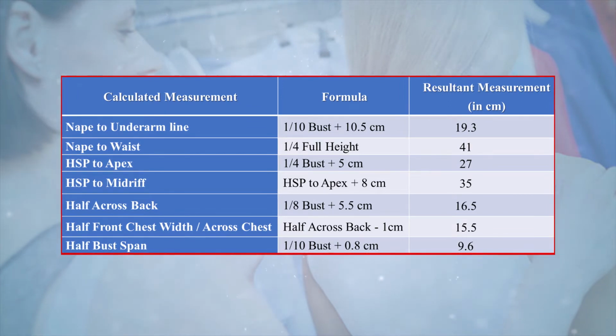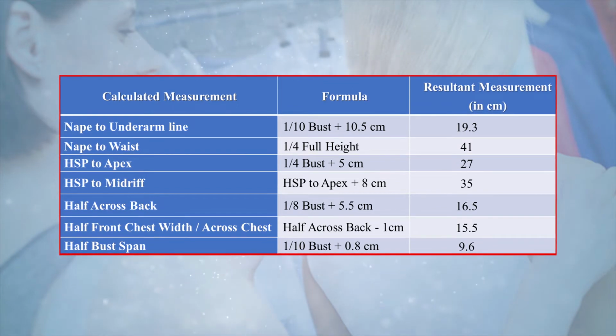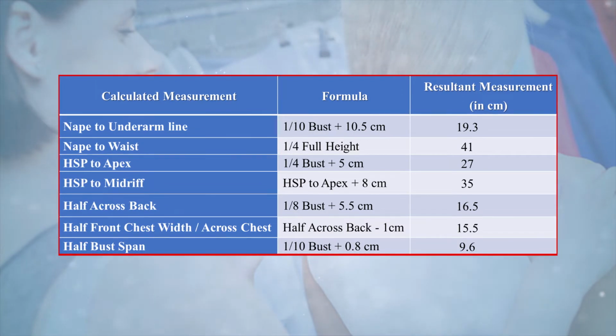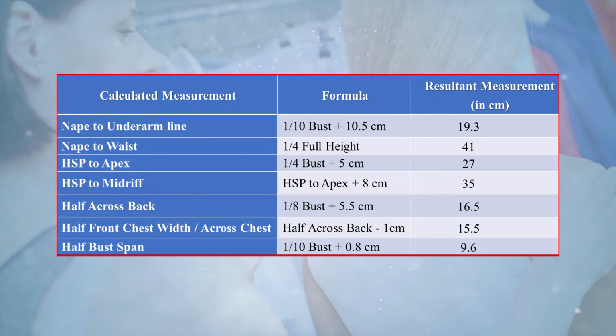So we have different formulas for the different calculated measurements or landmarks we use. Like nape to underarm line, we use 1/10 of the bust plus 10.5 centimeters. Then nape to waist, we use 1/4 of the full height.